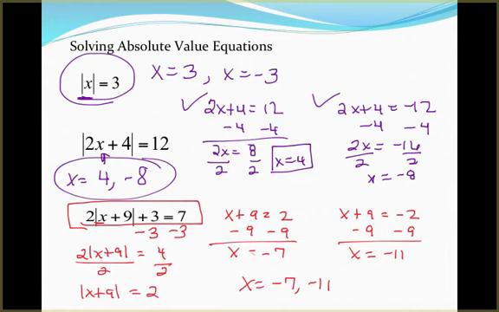The absolute value of that would be 2. Times 2 would be 4, and 4 plus 3 would be 7. So that one works. If I put in negative 11, negative 11 plus 9 is negative 2. The absolute value of that would be 2. 2 times 2 would be 4, plus 3 would be 7. And so that one works. So both of those are our solutions.